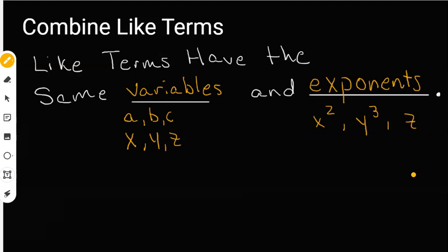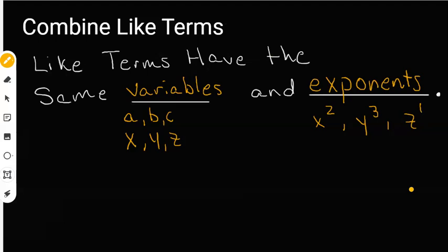Notice that this variable x is squared. It has an exponent of 2. This y is cubed, so it has an exponent of 3. And then that z over there, that z has an exponent of 1. You just can't see it. So I'm going to put a 1 up here.